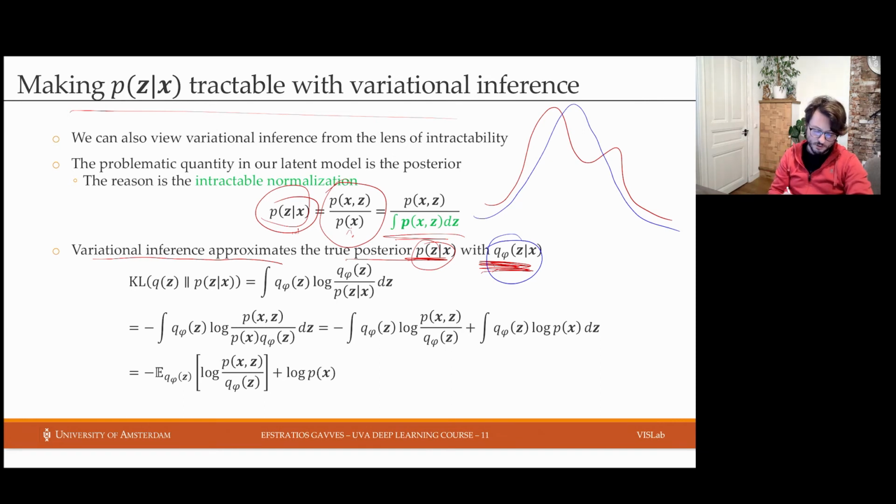By minimizing the difference between my approximate posterior and my true posterior, we can obtain again a formulation which is the ELBO from before, so the expectation over the logarithmic quantity plus my log marginal likelihood.